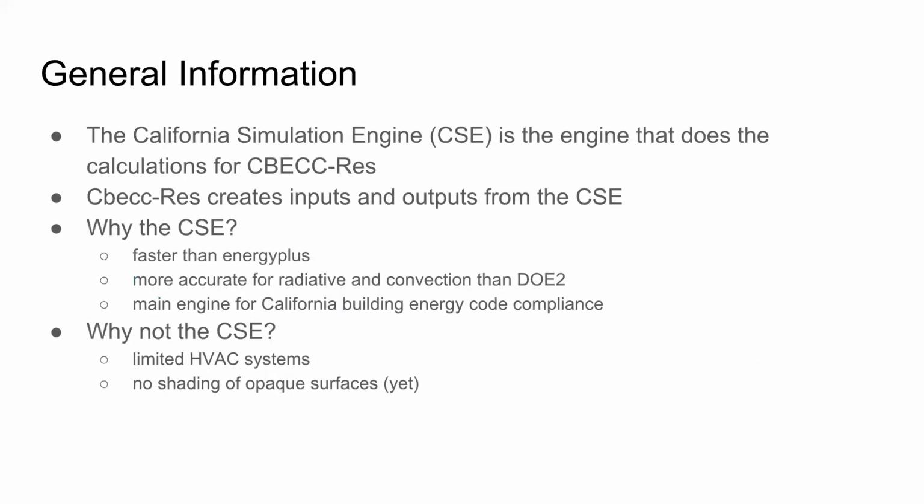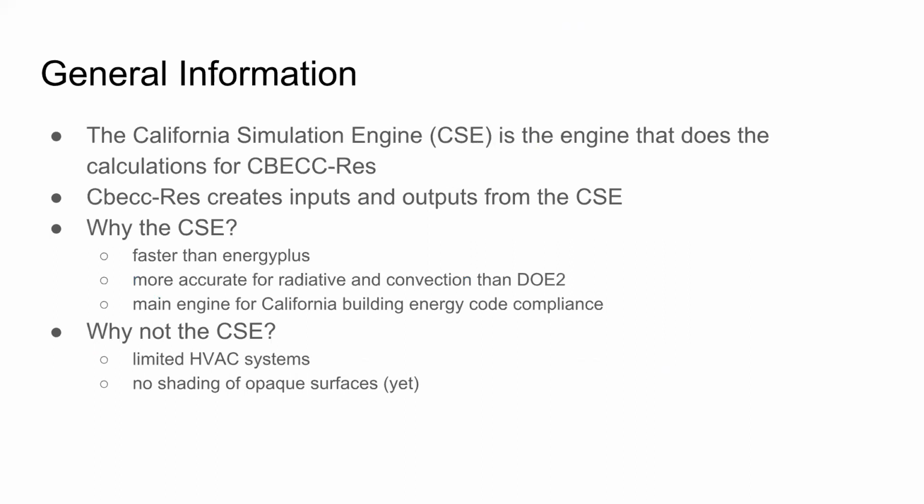Some other general information. Like I said before, the CSC does calculations for CBECC-Res, but you have to use CBECC-Res to create these inputs and outputs from the CSC. And so the argument for why we even want to use the CSC: for example, you can change those parameters like I was talking about, and compare it to some of the other tools available, which you may or may not know of.